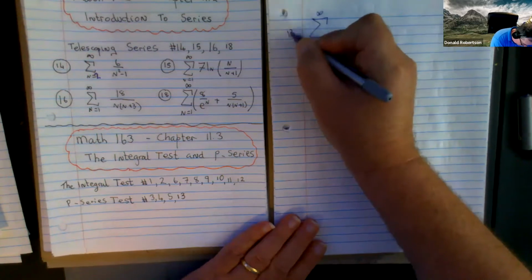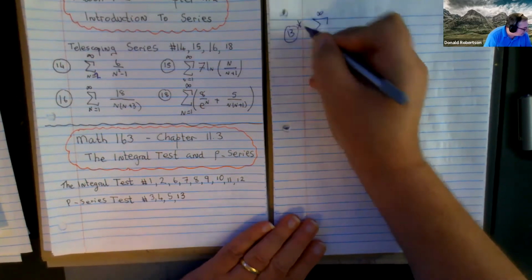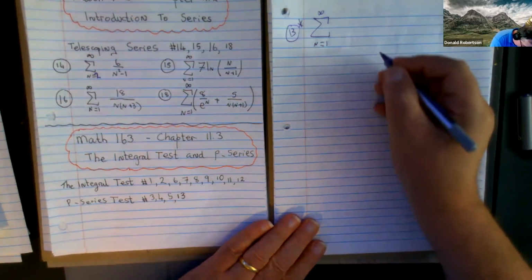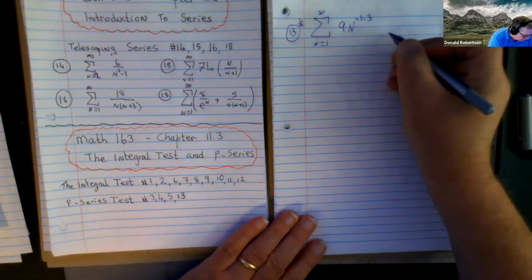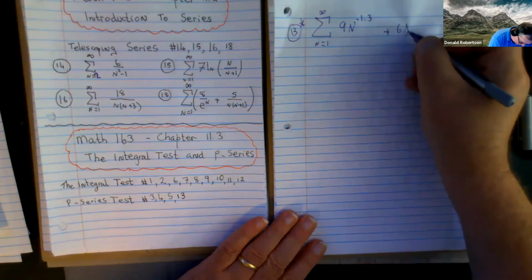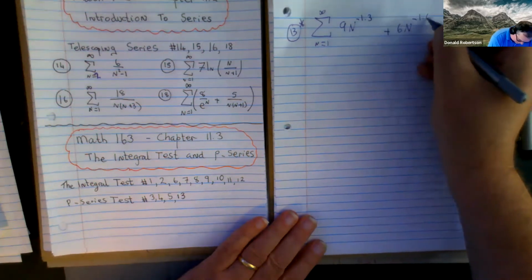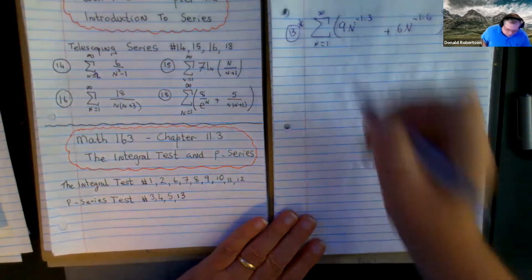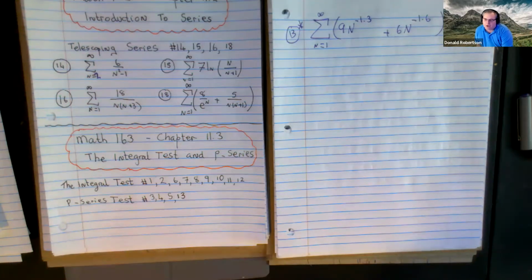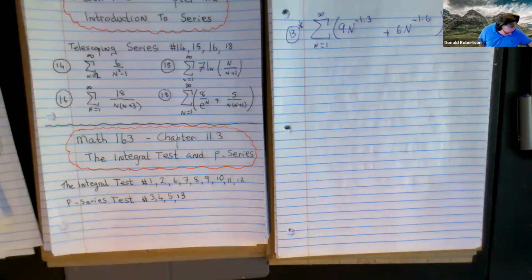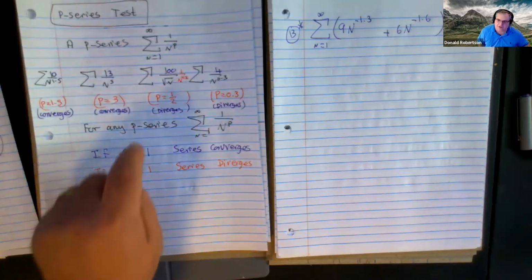So this is a version of question 13. And we have 9n to the negative 1.3 plus 6n to the negative 1.6. Now, although this is a p series, you have to do a fair amount of work before you can actually use this test.